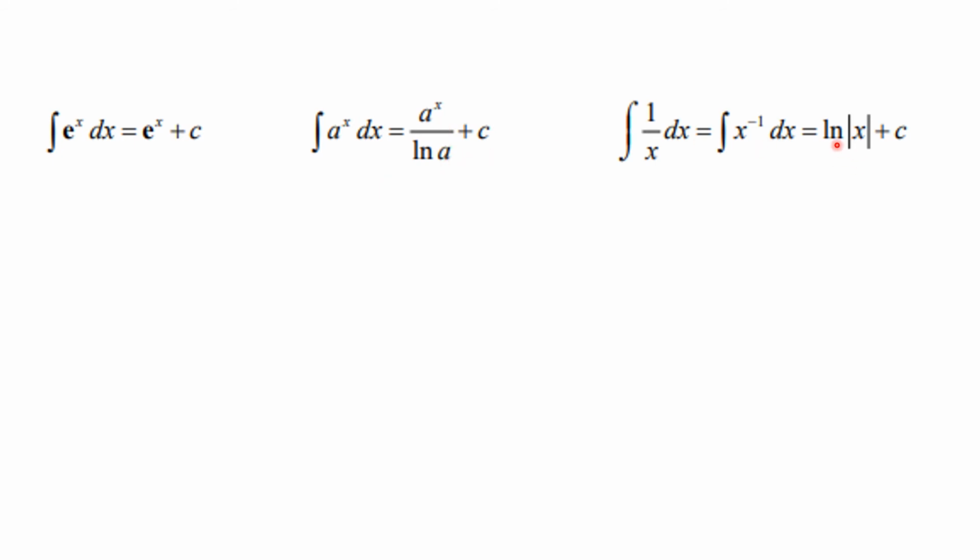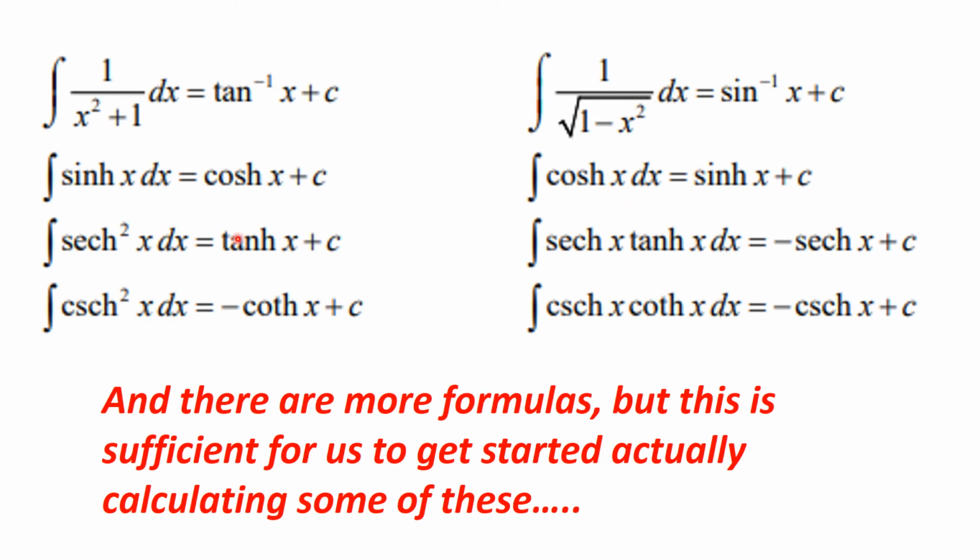And since the derivative of the logarithm of the absolute value of x is equal to 1 over x, that means that the indefinite integral of 1 over x dx is equal to the natural logarithm of the absolute value of x plus c. And this is the case where n was minus 1. We talked about inverse trig functions. I'm going to list a couple of them here.